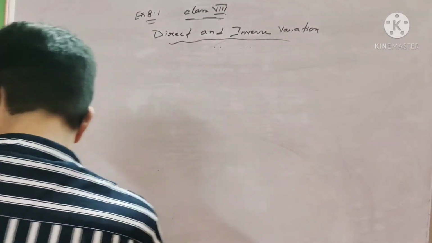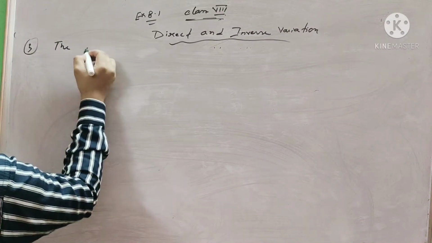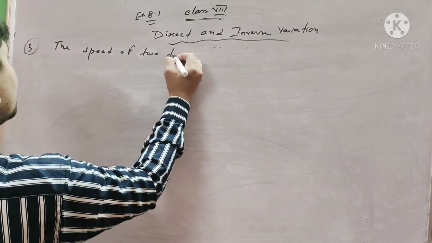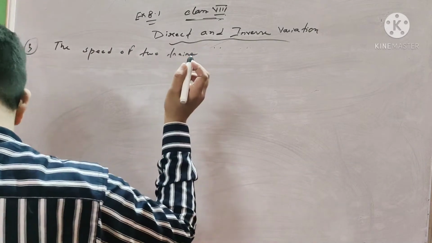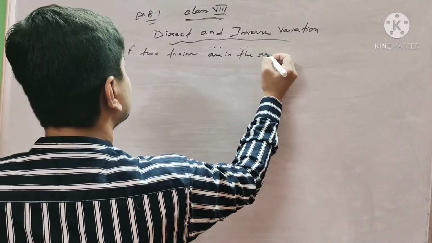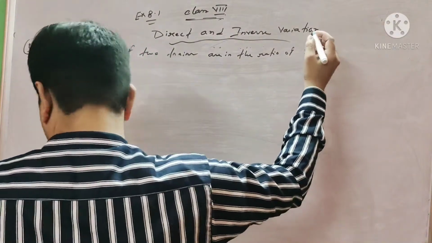Okay, question number 3. The speeds of two trains are in the ratio of 3:5.